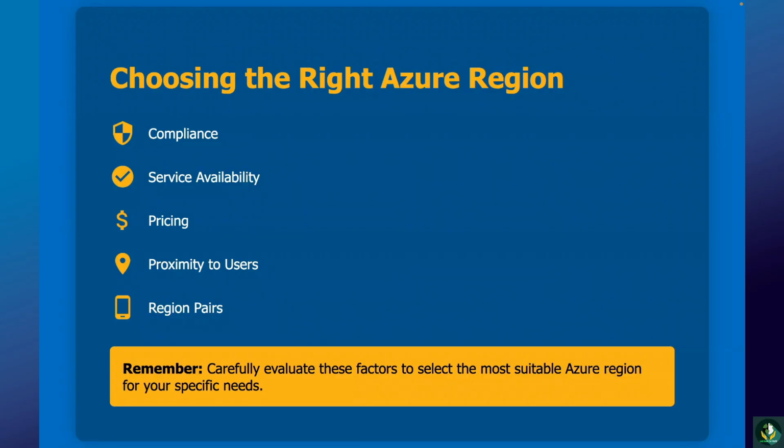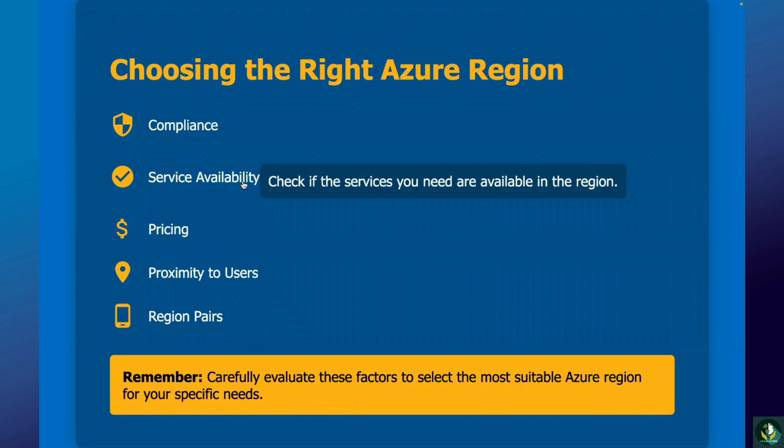So it's important to know that when choosing the region, you need to consider the right region for you. And you'll be considering the following factors when choosing the right region. First off, compliance. Ensure the region meets your regulatory requirements. Then service availability. Check if the services you need are available in the region.